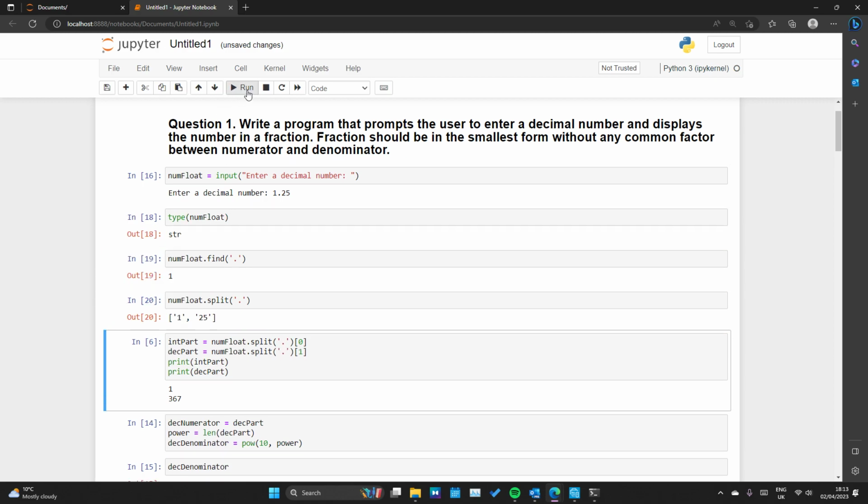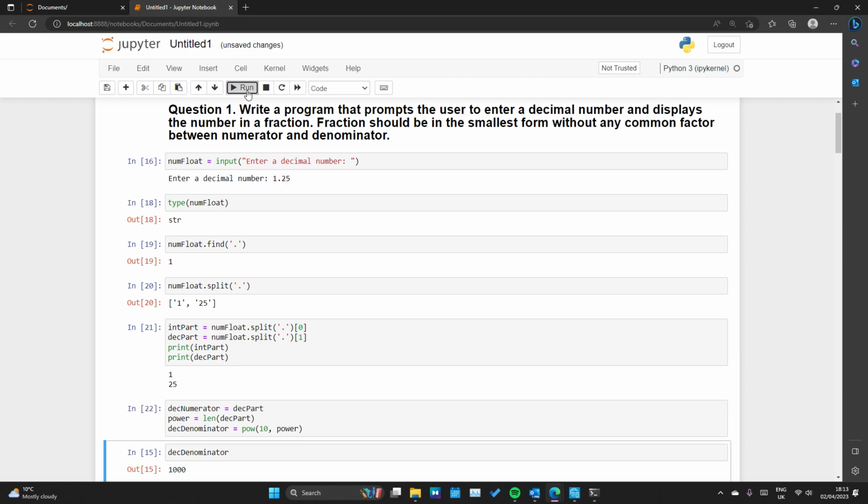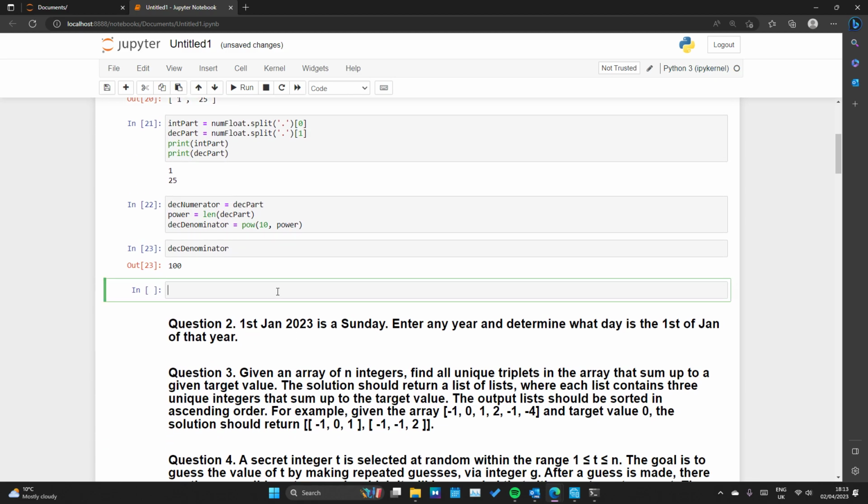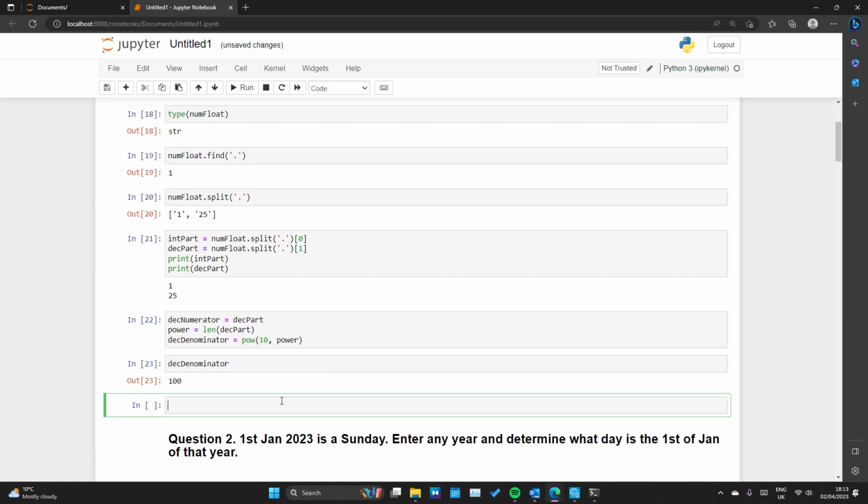As you can see, all parts have evaluated correctly, but now I need to find the common factor in the variable decimal numerator, and decimal denominator.